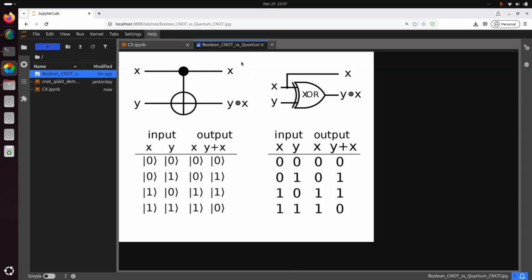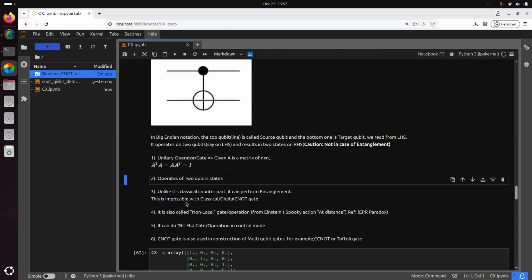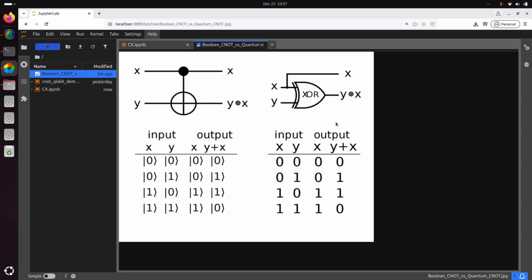On the left hand side, however, we have the quantum CNOT. The difference is that this is applicable for digital or Boolean algebra, whereas this works on the quantum domain, or quantum data. The other point is that this cannot perform entanglement, whereas this can.